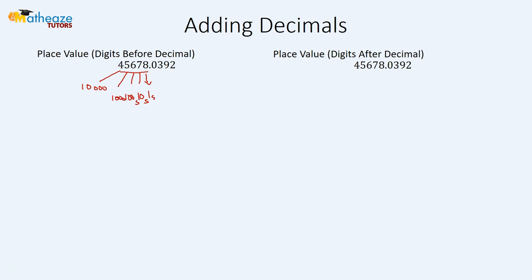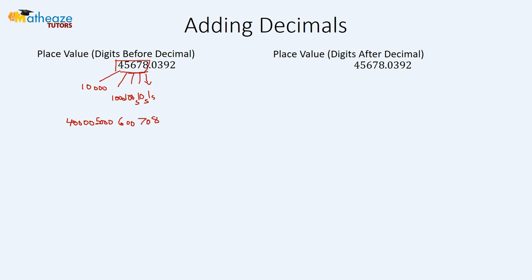So what that means is 8 multiplied by 1, that's 8. 7 is in the tens place, so that's going to be 70. 6 is in the hundreds place, that's going to be 600. 5 is in the thousand place, that's 5,000. And then 4 is in the 10,000 place, so that's going to give you 40,000. If you add all these digits together, you will get this part of the number.